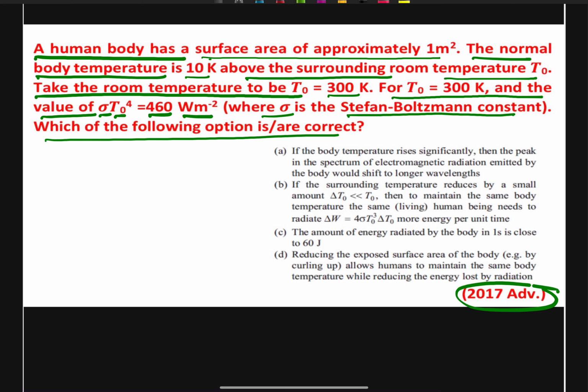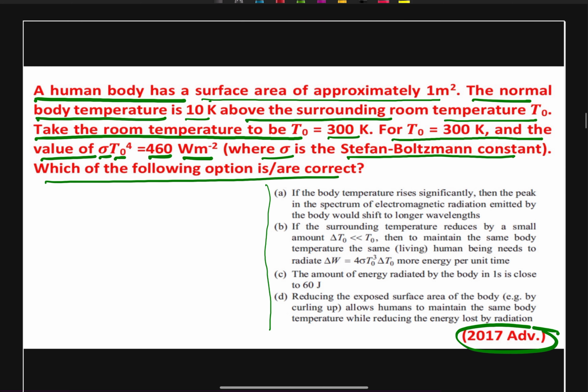So here let us write the things which are given to us. First of all, we are given the surface area of the body, let us suppose A is given as 1 meter square.